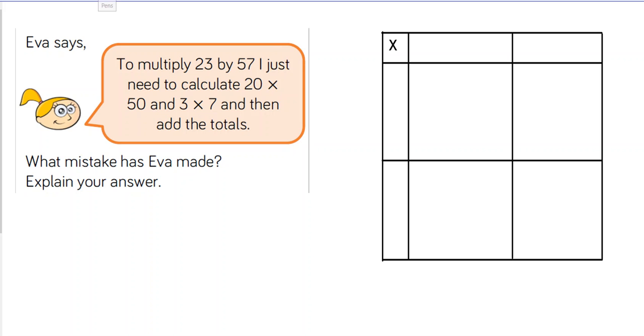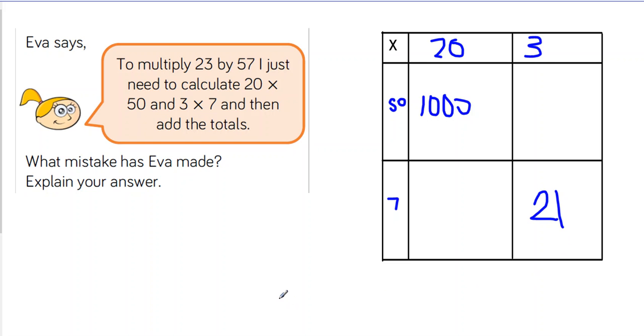Okay, so let's start filling in the grid, because that will help us. So 23, 20 in this column, and 3 here, and 50 here, and 7 here. So Ava says to calculate this, she just needs to do 20 times 50, which we know is 1,000, and 3 times 7, which we know is 21.